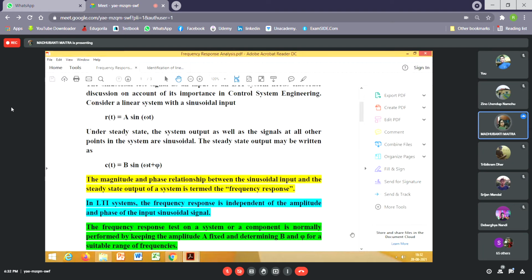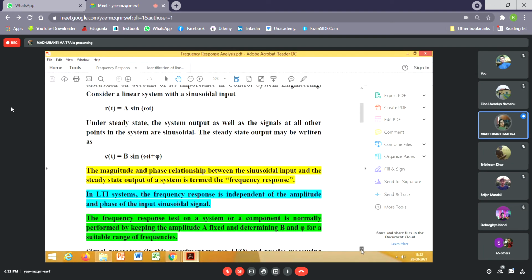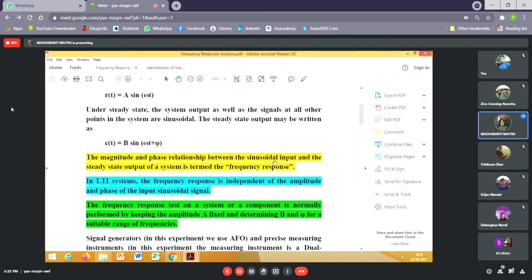So the magnitude and phase relationship between the sinusoidal input and the steady state output, please note this term, steady state output, of a system is termed as frequency response. I repeat, the magnitude and phase relationship between the sinusoidal input and the steady state output of the system.